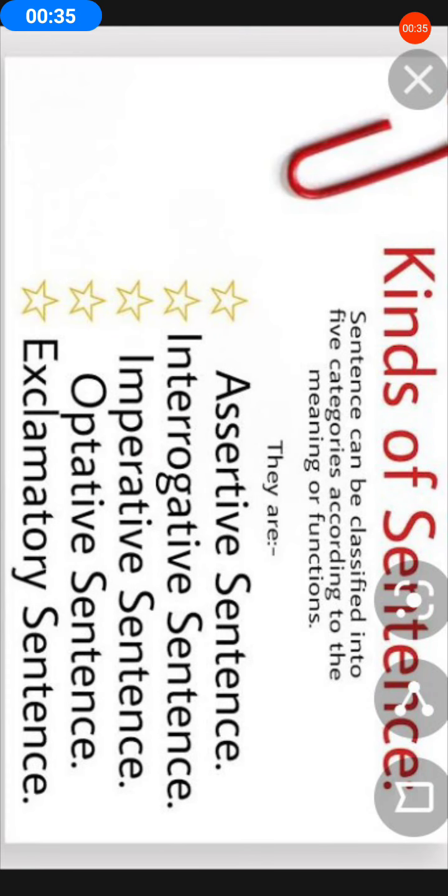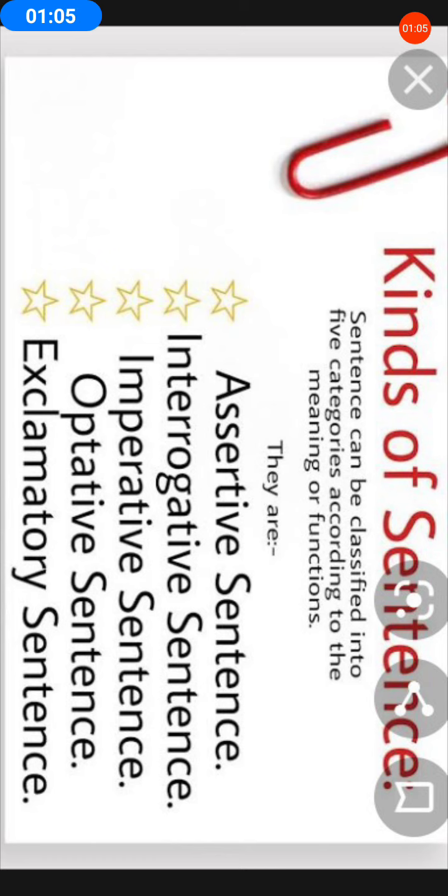There is a list of kinds of sentence: assertive sentence, interrogative sentence, imperative sentence, exclamatory sentence and optative sentence. How many kinds of sentence are there here? Yes, there are 5 kinds of sentences. These sentences are classified into 5 categories according to meaning and function. Now let us study them one by one.